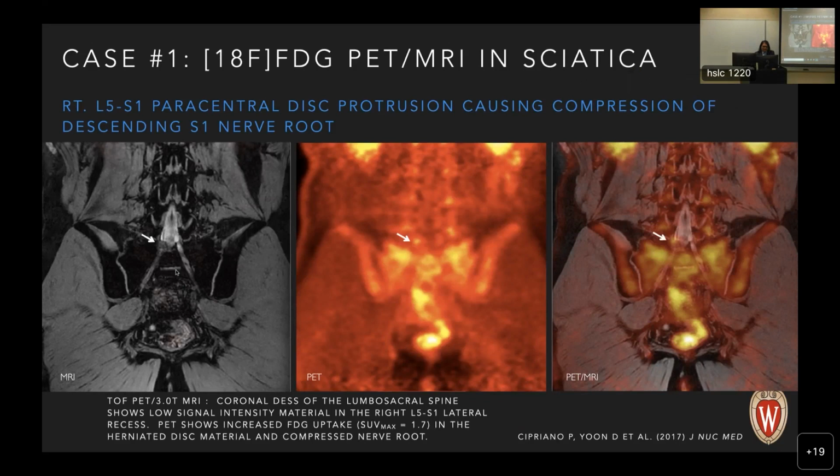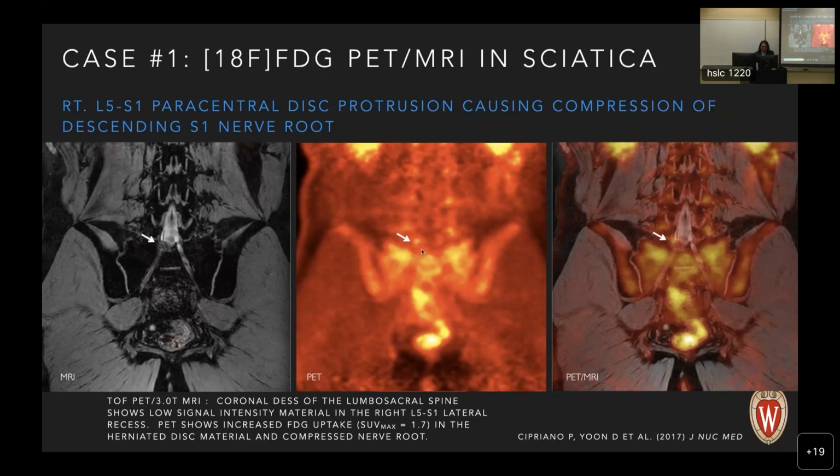Here is a coronal image through the lumbosacral spine, and what this white arrow is pointing to is low signal intensity material that seems to be obscuring the S1 nerve root. So it's a disc herniation that's compressing the S1 nerve root here.